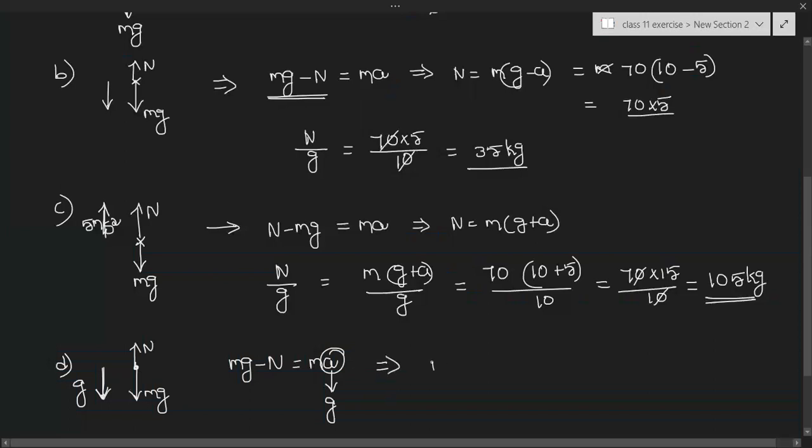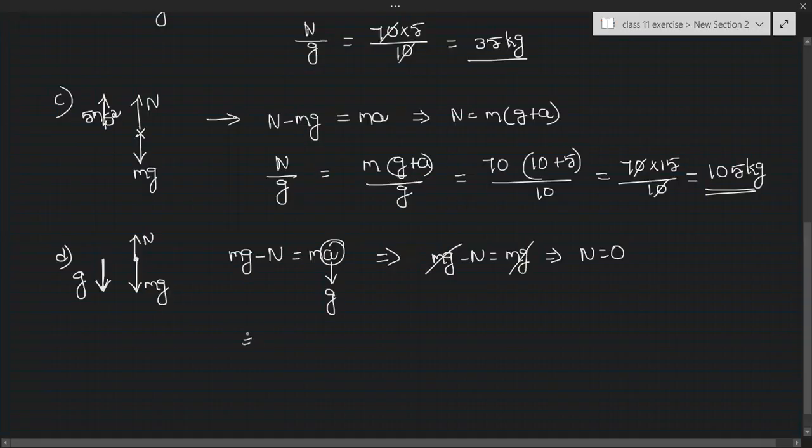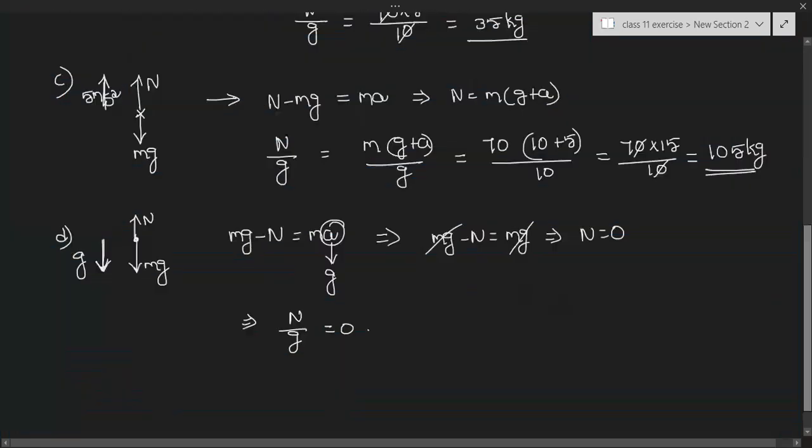So that implies mg minus N equals mg, and mg will be cancelled. So that implies N equals 0. So the reading of the weighing machine, N by g, is equal to 0. That means the person will feel weightlessness. So in that case, the reading of the machine is equal to 0.